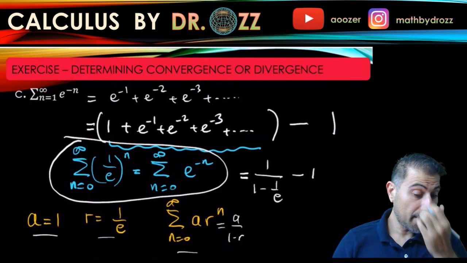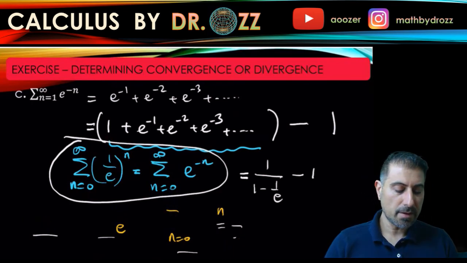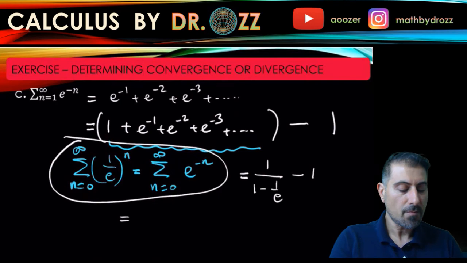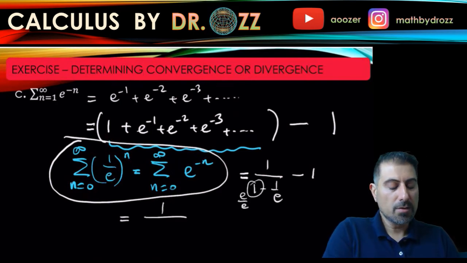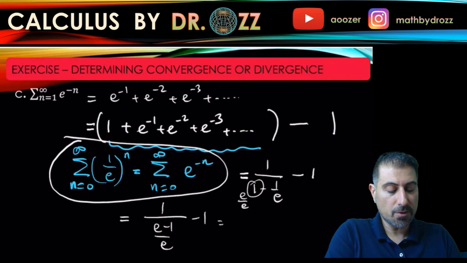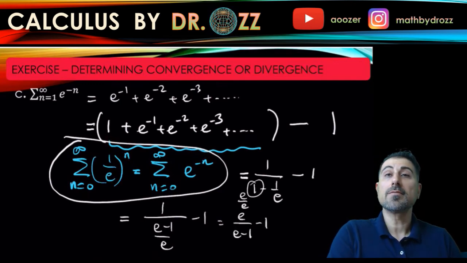So let's simplify this, but I have to clean this up a little bit. You will see that the bottom, if you write this as e over e, is e minus 1 over e. Let's flip this over: e over e minus 1, minus 1.